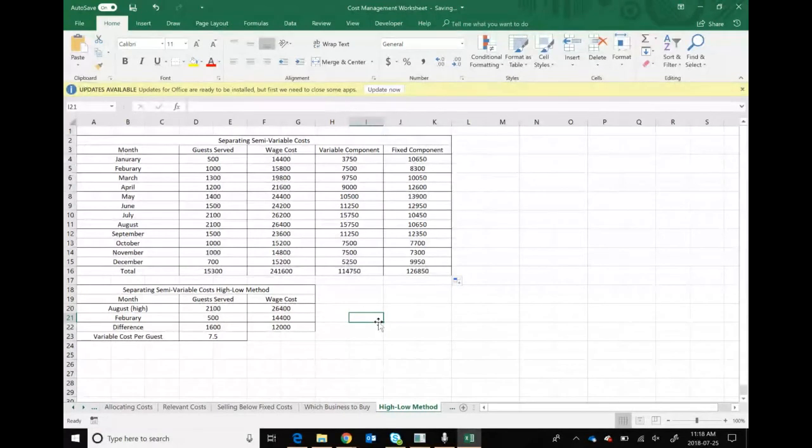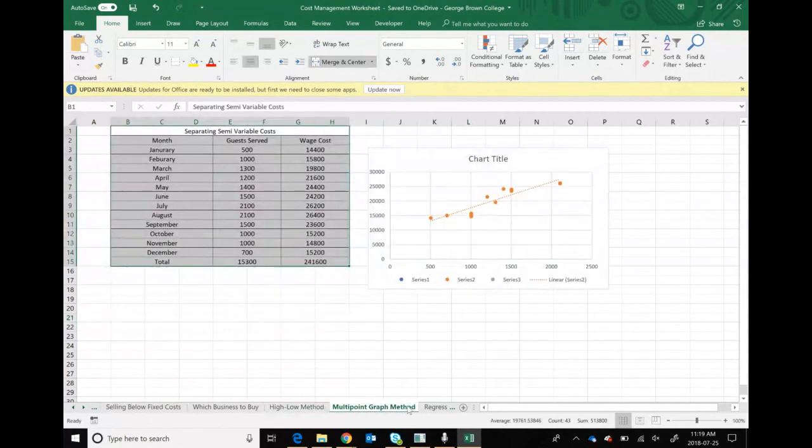We have the multi-point graph method. And if we're still on Collaborate, we're just going to move over. There we go. So if I go over to our multi-point graph, using the 12 months of guest information, we have our number of guests and we have the labor cost. If we plot those out on a scatter plot, we can guesstimate the fixed portion of our labor.